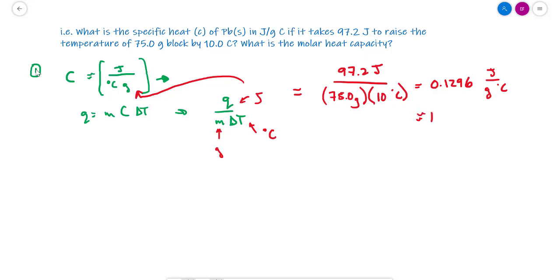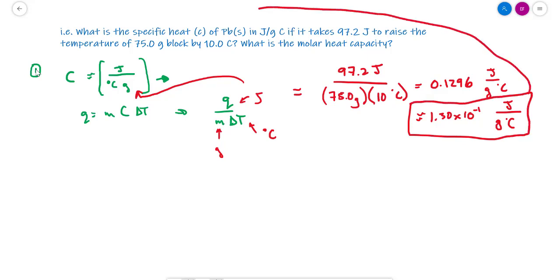So this would probably best be written as 1.30 times 10 to the minus 1 joule per gram per degree C. This would be the specific heat capacity of lead, and that's a constant.